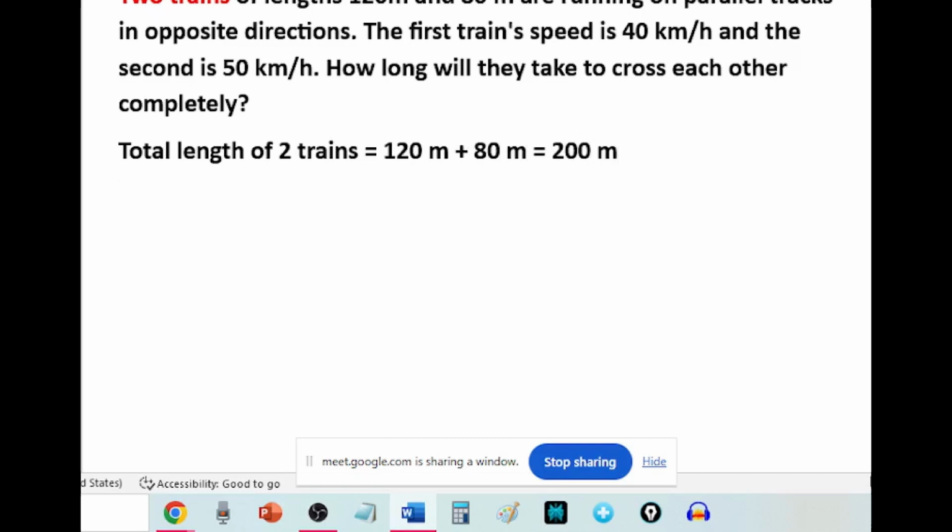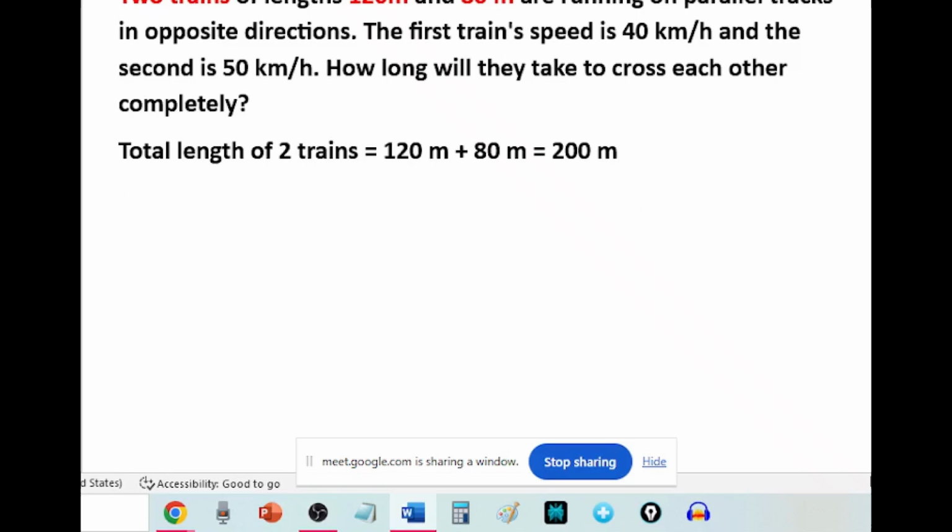This part is okay? 120 meters, first train, and 80 meters, total 200 meters, total length of two trains.